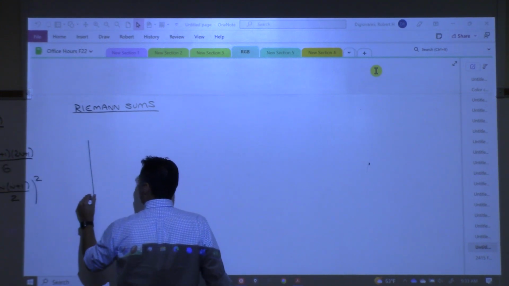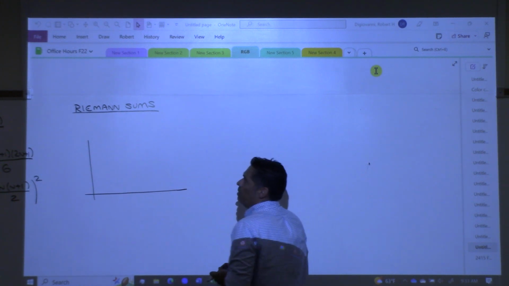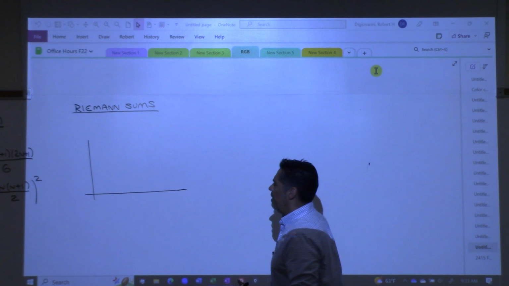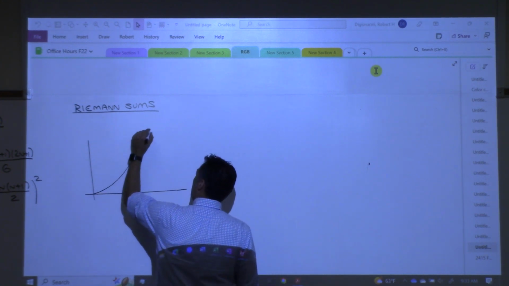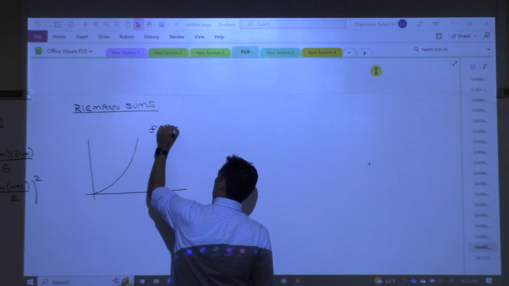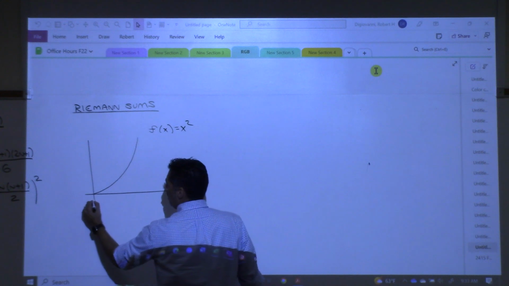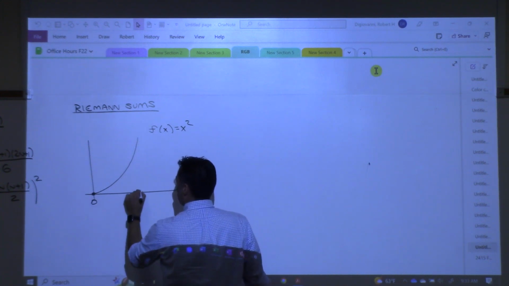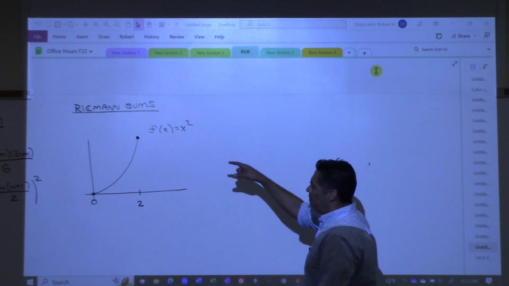All right, so here's what I'm doing. Let's do a specific example. Let's say I take the function f of x equals x squared, and let's look at it between 0 and 2. So what's that value up here?